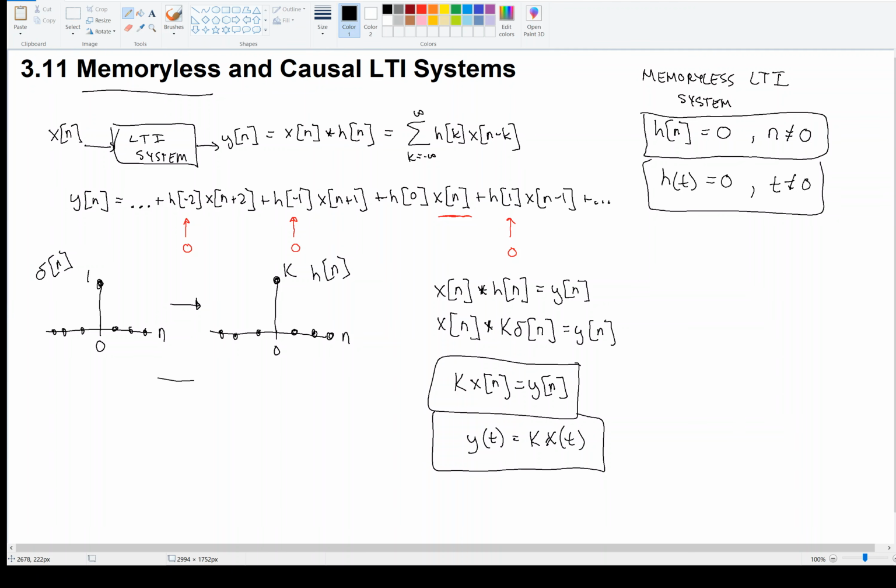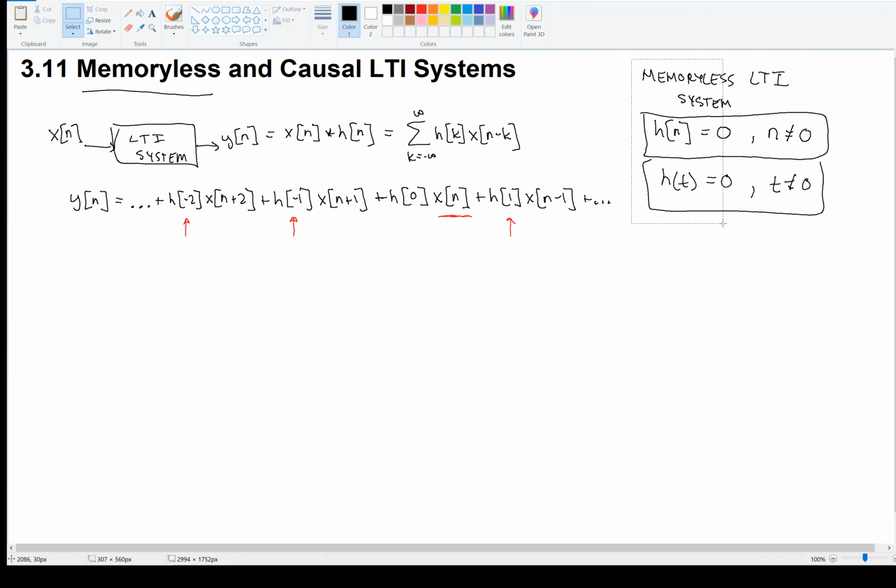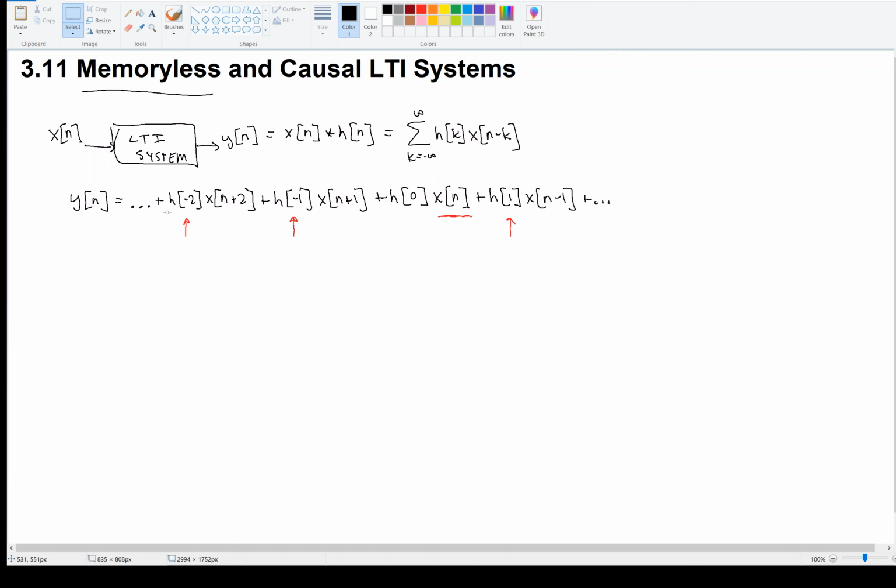So now, related to memoryless is causality. So remember what it means for a system to be causal. Here, the output at the current time n cannot depend on future values of the input.